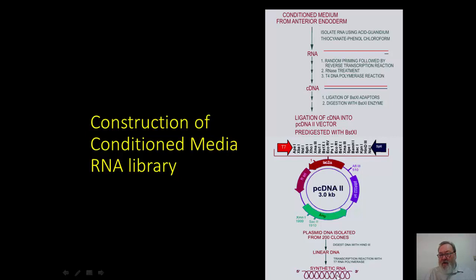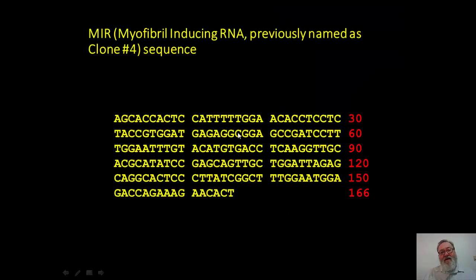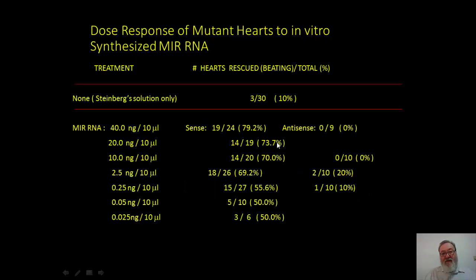We took the clones, we isolated the clones, and we pooled the clones to make this synthetic RNA. Started out with 4 groups of 50 clones, 200 clones, and we finally narrowed it down to a single clone, clone number 4. When we sequenced that clone, we found this RNA sequence, and if we took this RNA sequence, added that to the mutant hearts, we indeed got a very significant rescue.